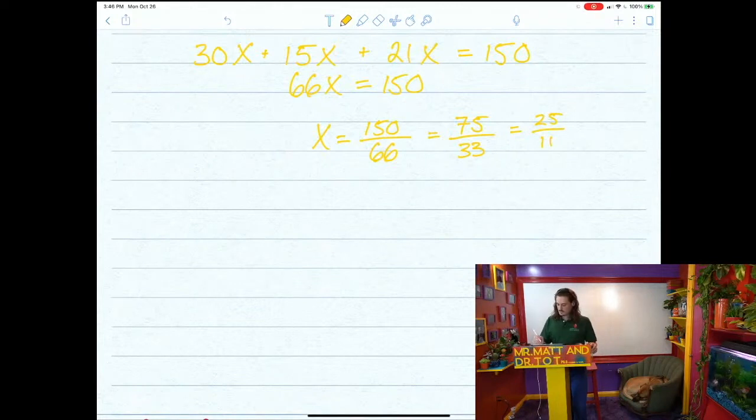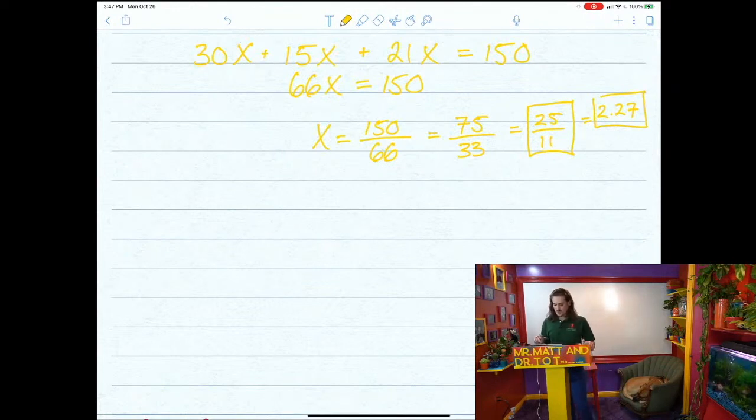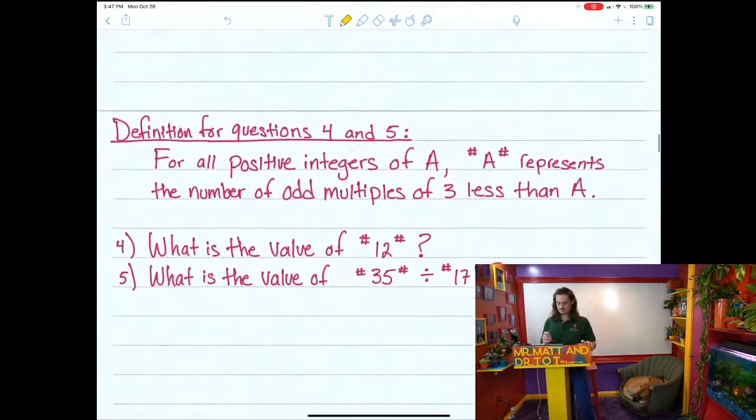So your answer would either be 25 over 11 or if you evaluated it, you could have also gotten about 2.27. If you got any of those values, then I'm absolutely happy with that. Okay, if you have any questions, then please let me know. I'll also try not to use that color again because you can't really see that well, so I apologize.